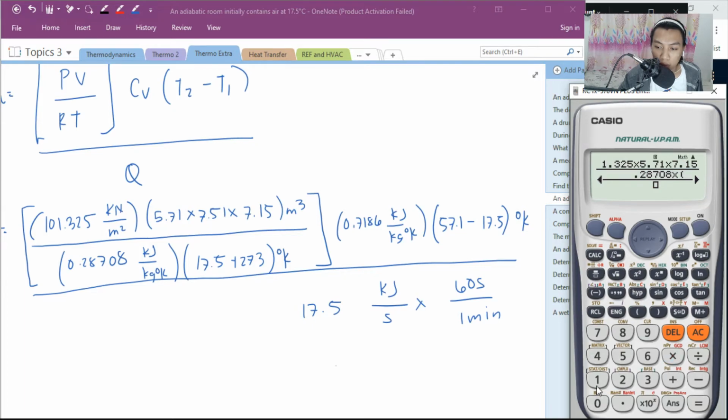Times 17.5 plus 273, close parenthesis for the whole thing. Times 0.7186 times 57.1 minus 17.5. Quick to solve. Then this 17.5 is here, times 60. The answer will be 10.09. Okay? 10.09.